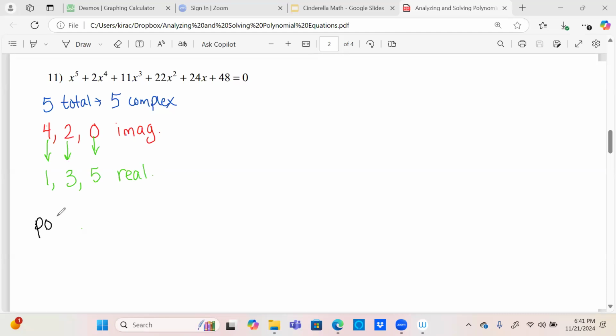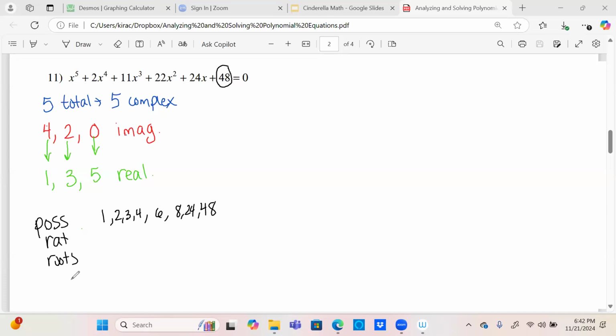The possible rational roots. Take the back number, list all the factors of 48. That has a lot of factors. 1 times 48, 2 times 24, 3 times 8, 4. Is that it? 4 times 6? Somehow I was thinking more.